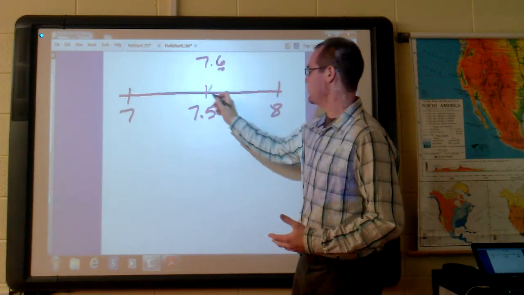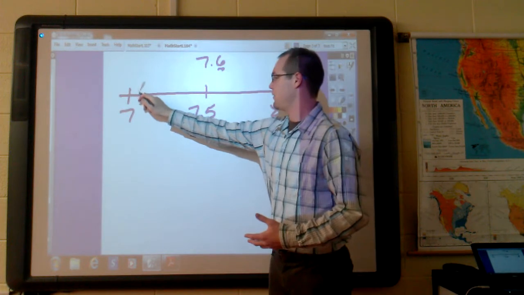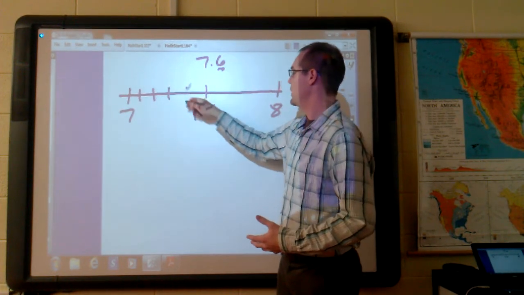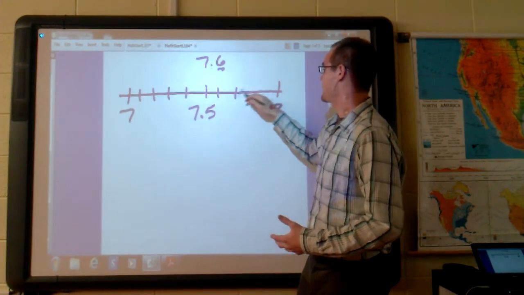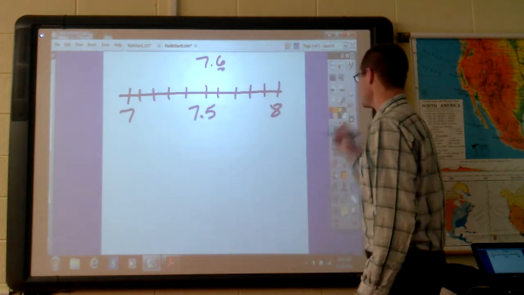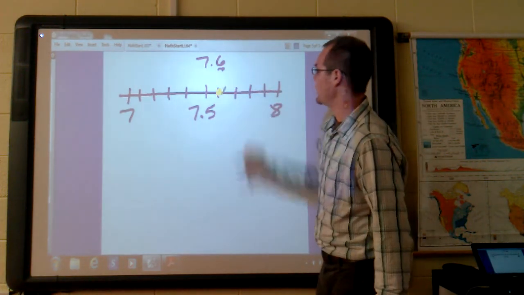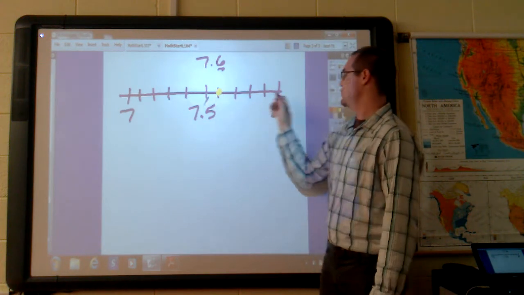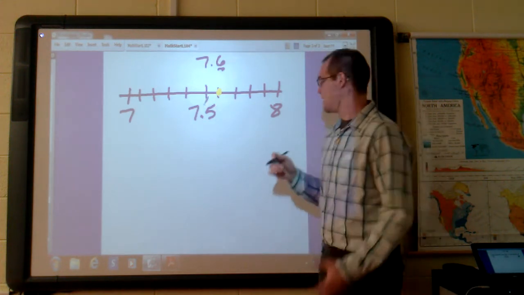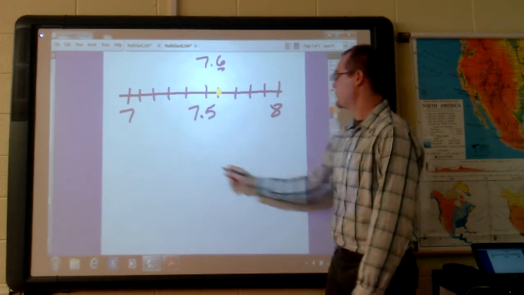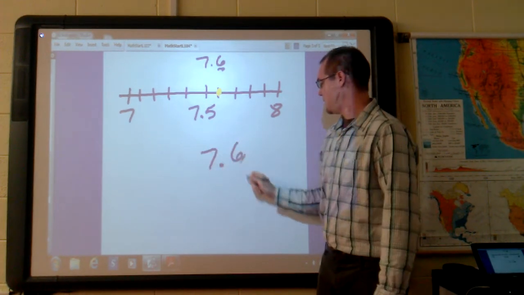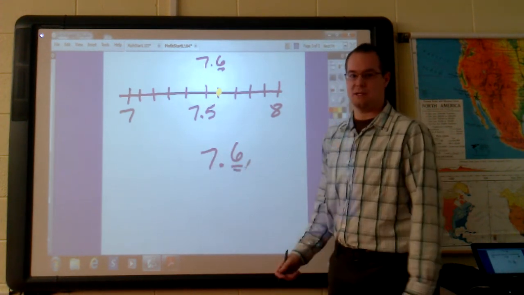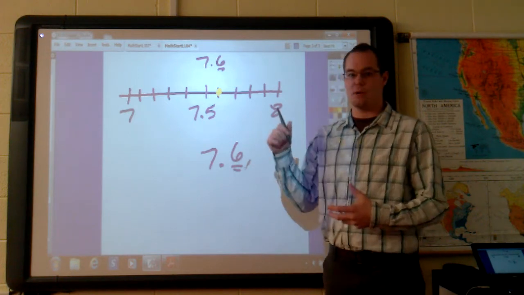Again, you can find 7.1, 7.2, 7.3, 7.4, 7.5, 7.6, 7.7, 7.8, 7.9 on a number line and understand that 7 6/10 is closer to 8 than it is to 7. You can also look at the tenths place and determine whether you want to round up or down.